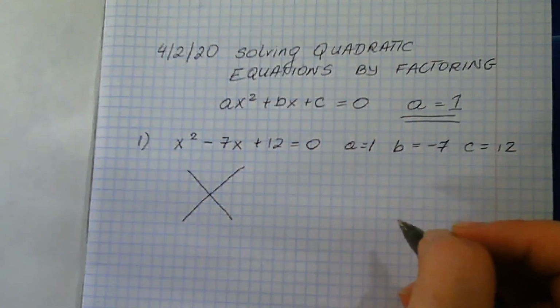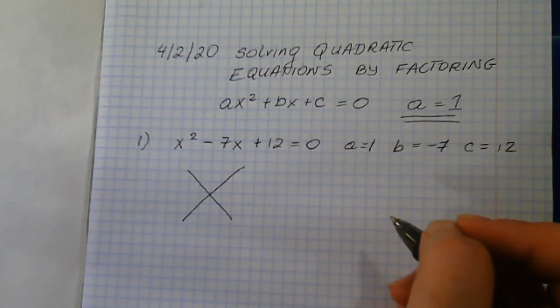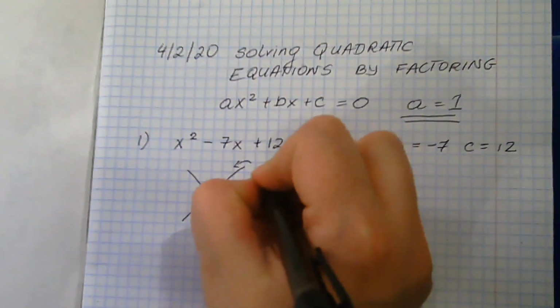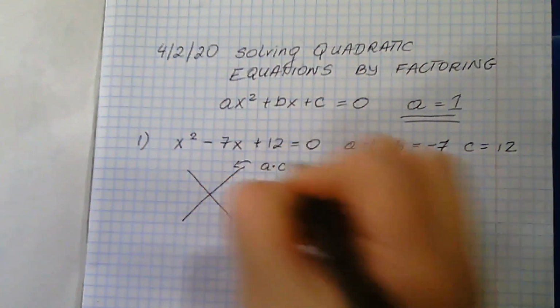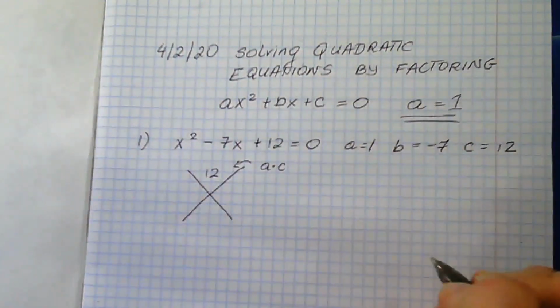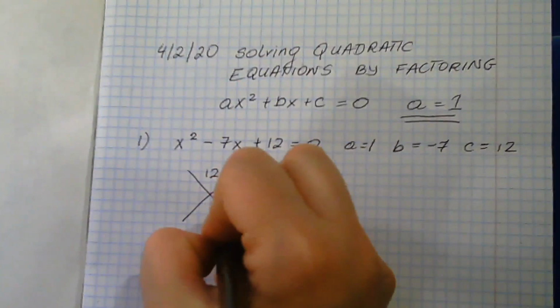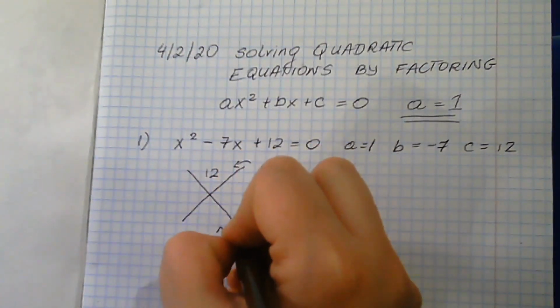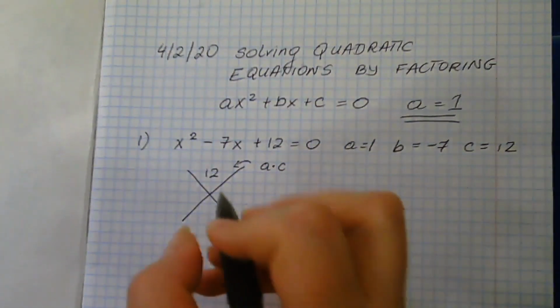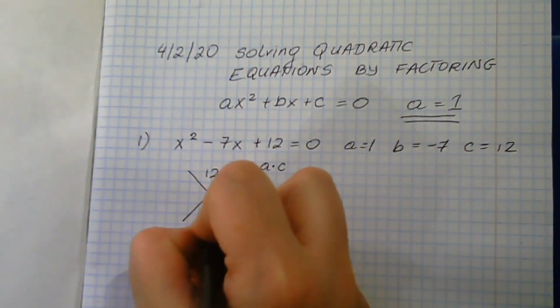I know that doesn't look like a diamond, but you guys know where it's coming from. The top of the diamond was always a times c. In my case, it will be 1 times 12, so that's 12. And the bottom of this was always b, the sum.